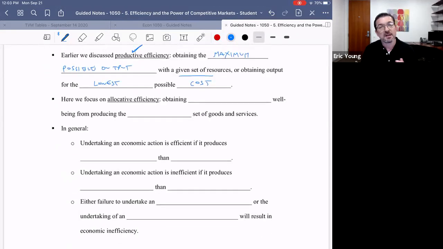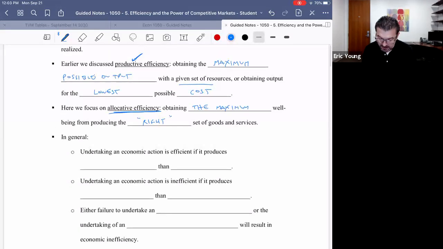And that's productive efficiency, which is one metric of overall economic efficiency. But for the purposes of this discussion, we're going to turn our attention to what we're going to call allocative efficiency. Allocative efficiency is defined as obtaining the maximum well-being from producing what we'll call the right set of goods and services.